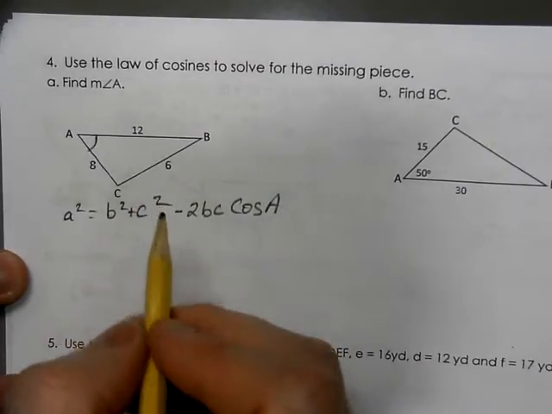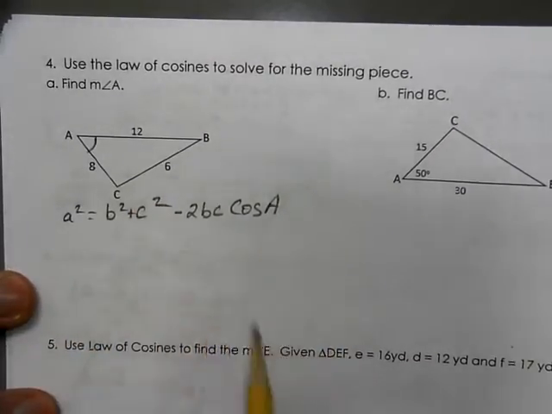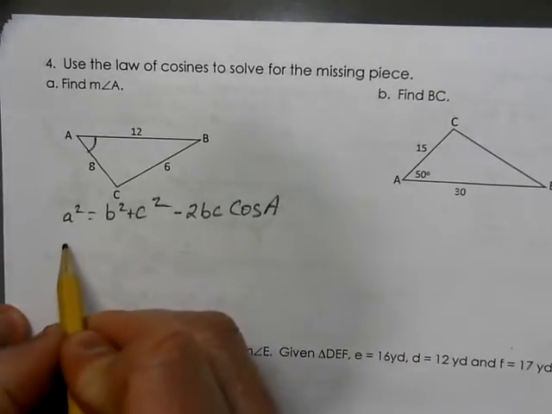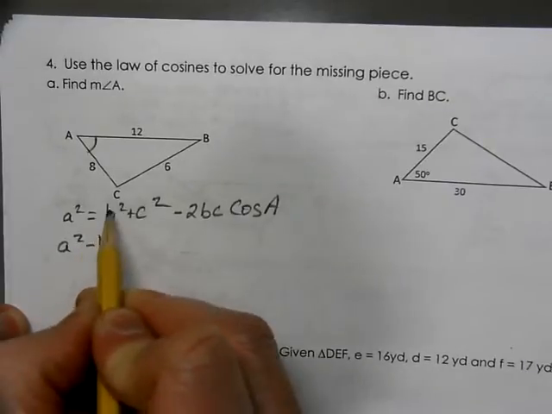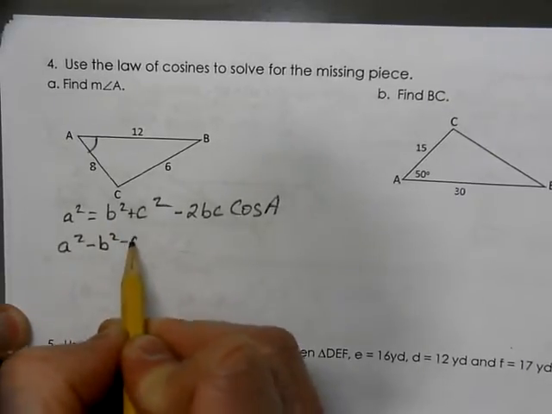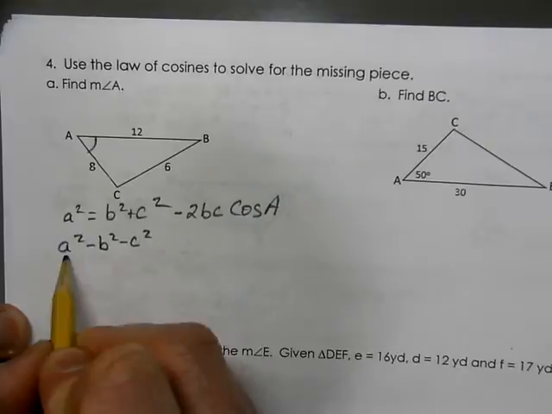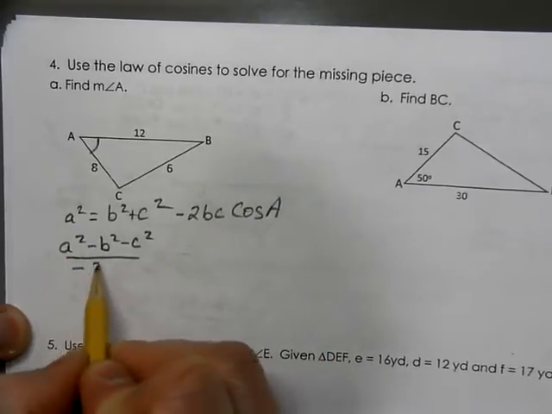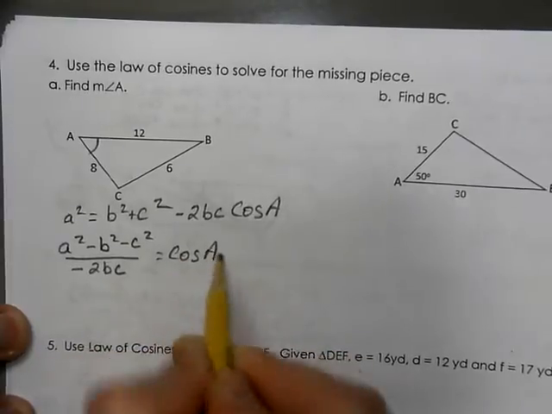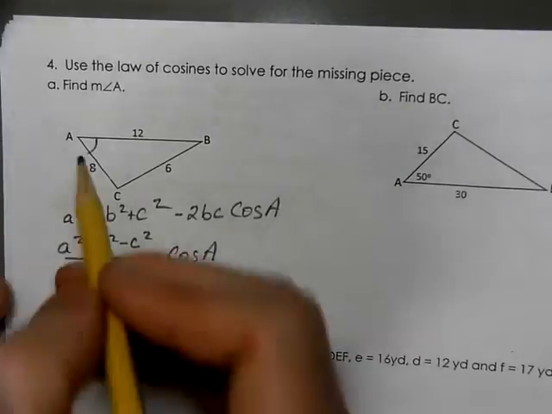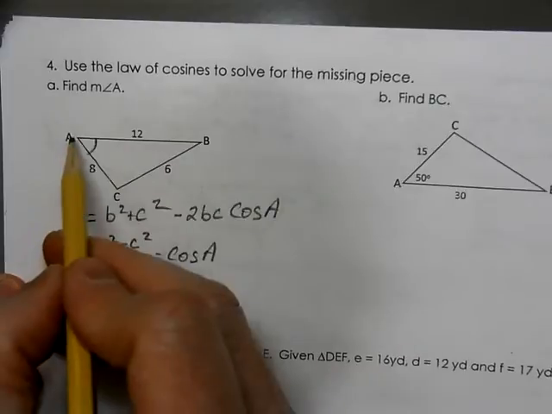So we start to plug in, well, let's get the cosine of A by itself. Take your a squared, subtract the b squared across, subtract the c squared across, and divide out the negative 2 bc. That gets you the cosine of A all by itself. Then we can plug in our numbers.